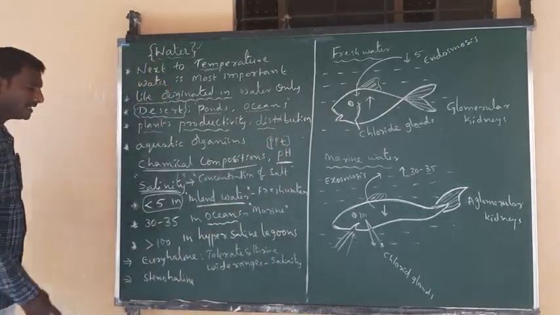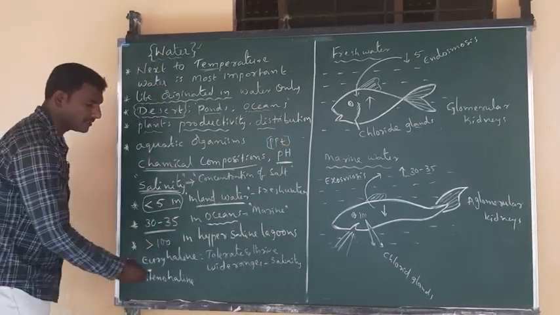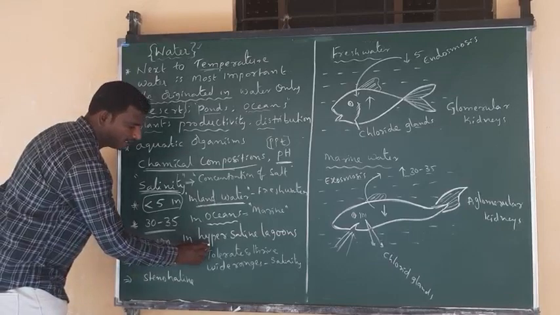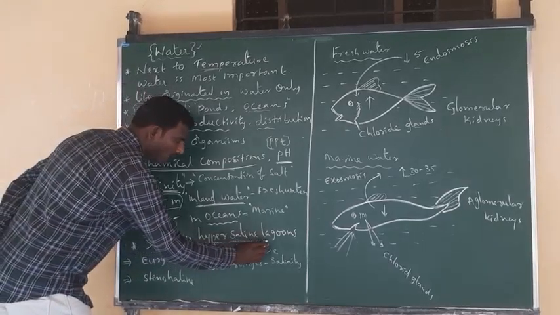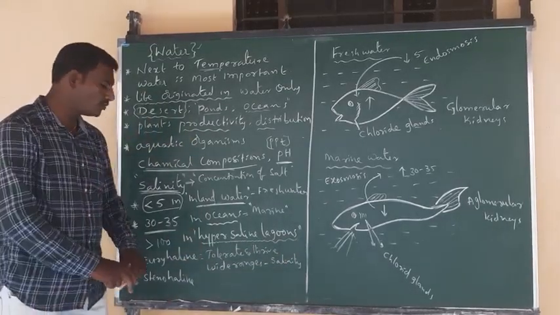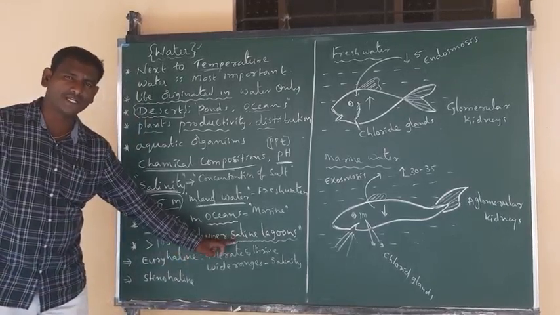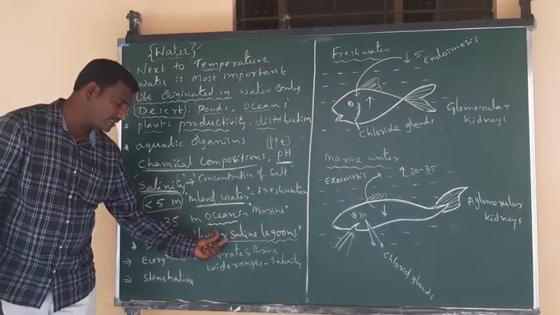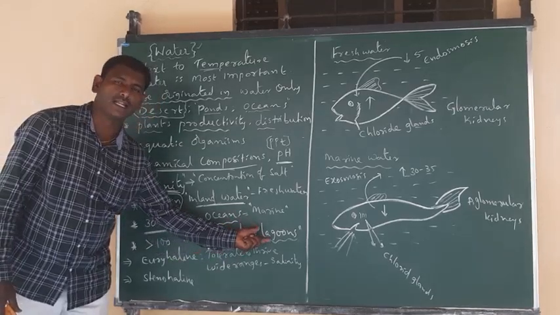So the salinity of oceanic water is 30 to 35, whereas some water bodies present on land are termed hypersaline lagoons. The name itself says hyper, meaning more saline, maximum salinity. Such water bodies containing maximum salinity are called lagoons.